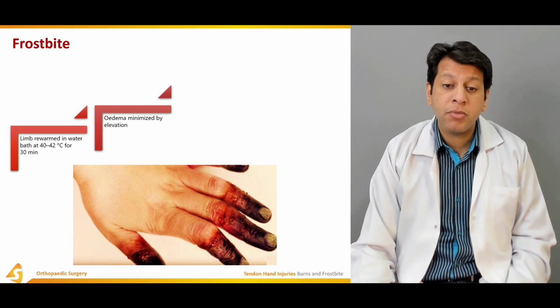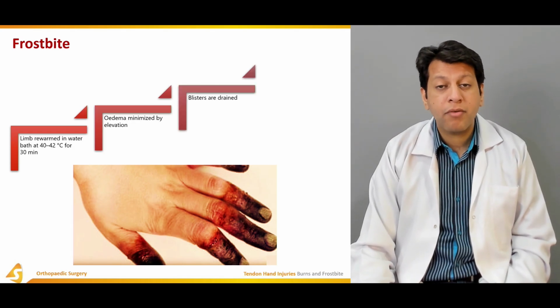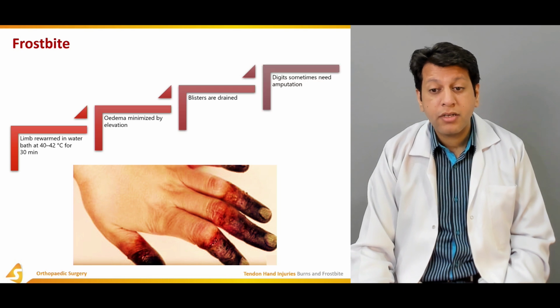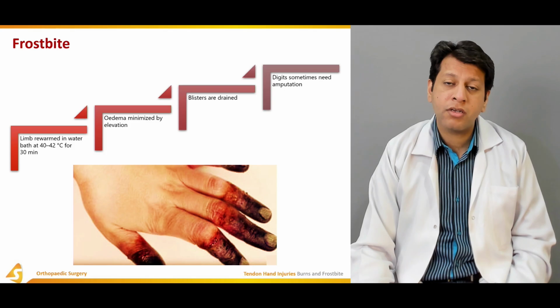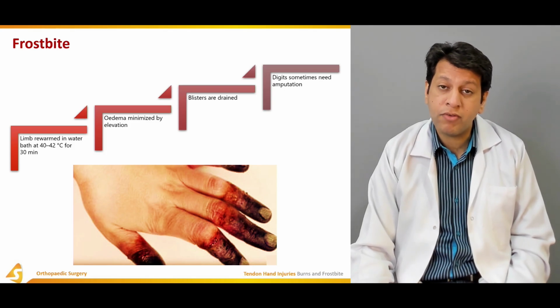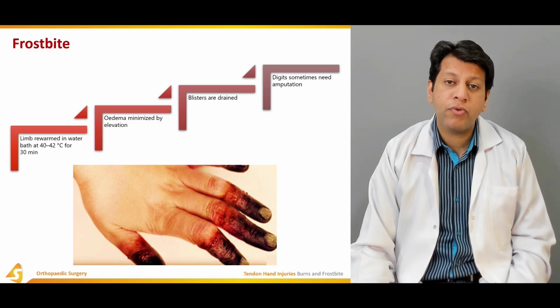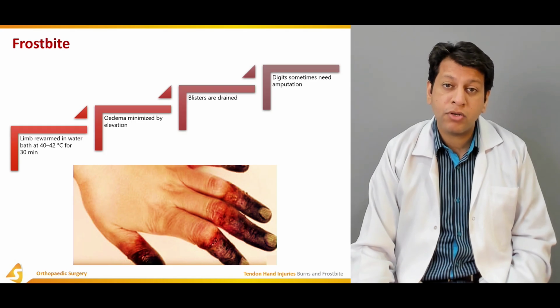Edema can be minimized by elevation. If blisters are present, they can be drained, and digits sometimes need to be amputated. If the ischemia has progressed to a point that the digit cannot be salvaged, then we probably have to go for early amputation so that the ischemia does not progress and eventually a whole hand amputation may not be needed.